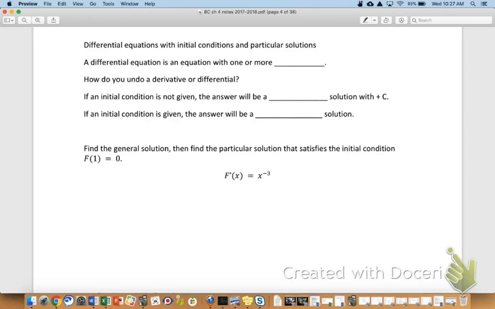Anybody know what goes in the blank? I would be willing to accept that because you may not have ever seen this before. Veterans, what makes a differential equation? It depends on if we have the initial condition or not, so that may or may not be true. Variables? They'll all have variables. Be more specific. Constant?